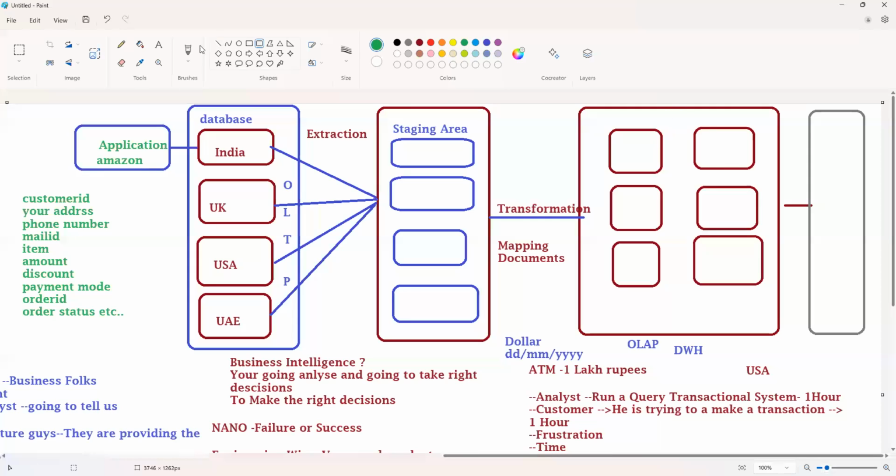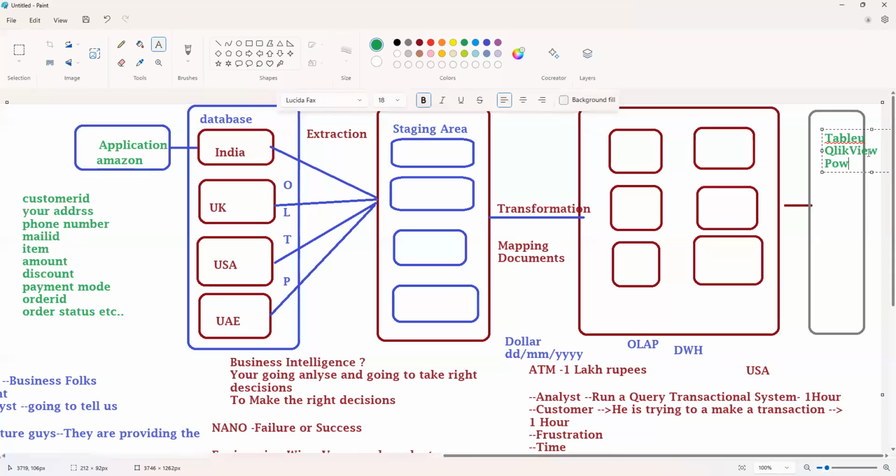One is Tableau, then QlikView. Other than that, Power BI, most people know Power BI.